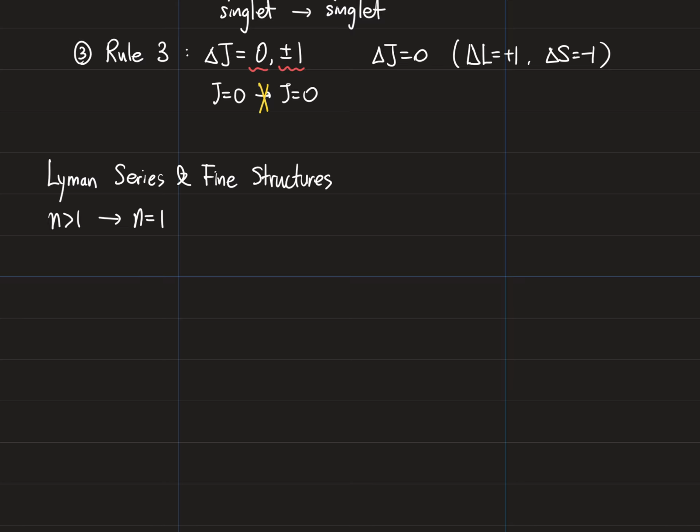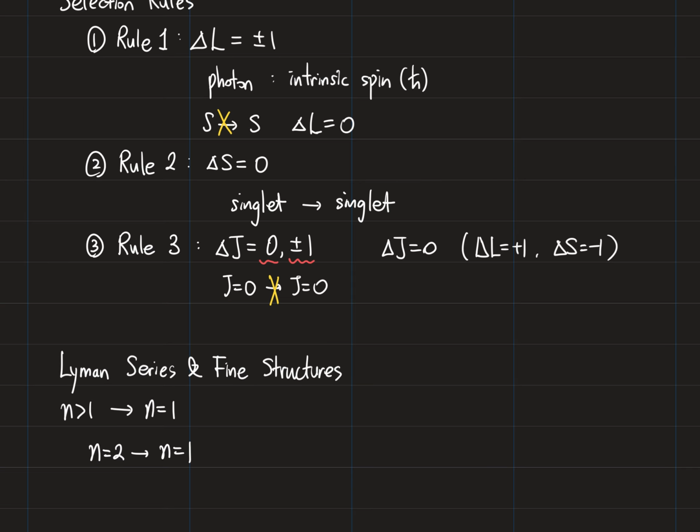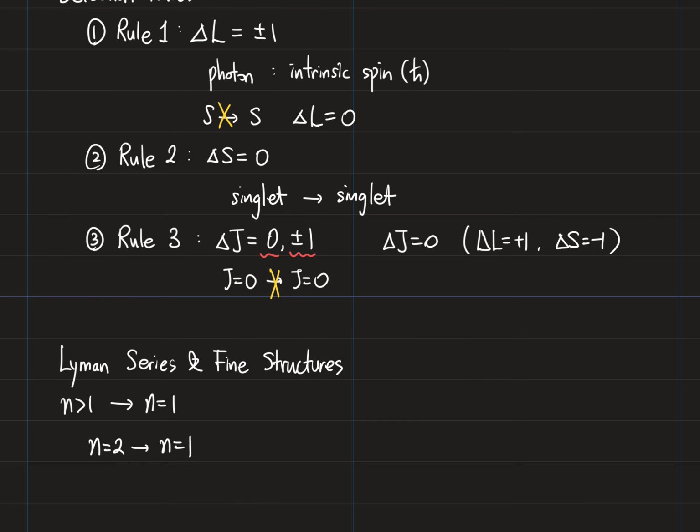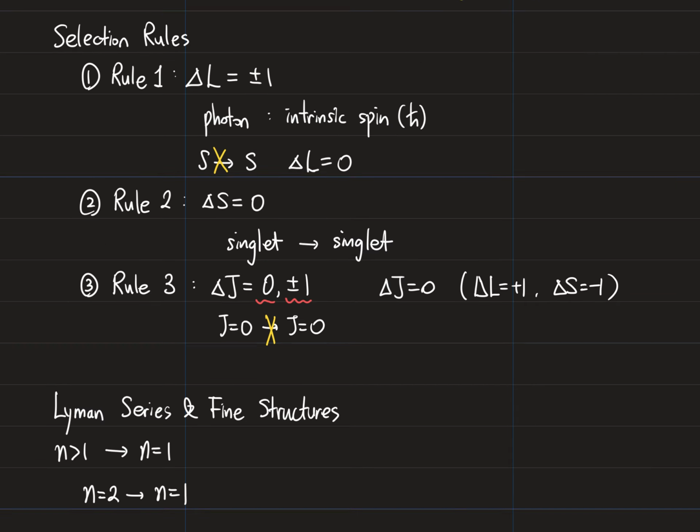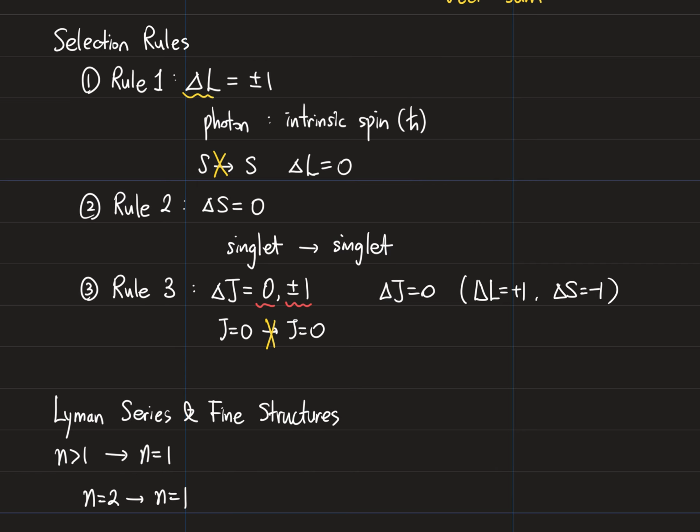Specifically, look at the transition from n equal 2 to n equal 1. We discussed that delta L should change by 1 unit.